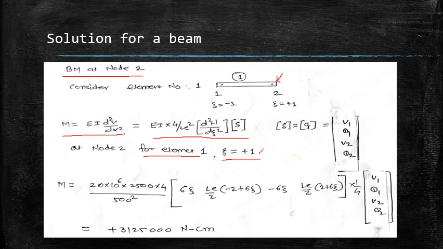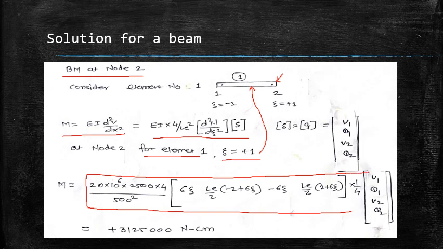Because we are dealing with local node number 2 of element number 1. So if we calculate this product of two matrices, we can easily obtain bending moment M at node number 2, and this comes out to be this much.